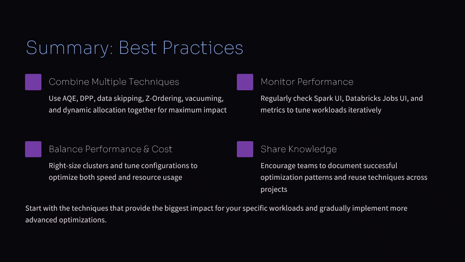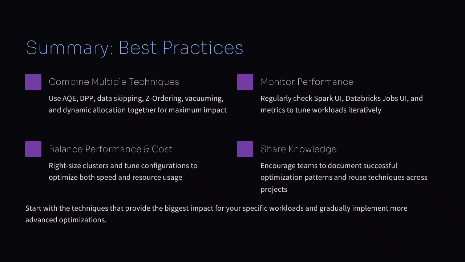To wrap up, the key to maximizing Apache Spark performance in both Databricks and Microsoft Fabric lies in thoughtfully combining several core techniques. Adaptive query execution dynamically optimizes your queries during runtime, while dynamic partitioning and file pruning minimize unnecessary data scans.